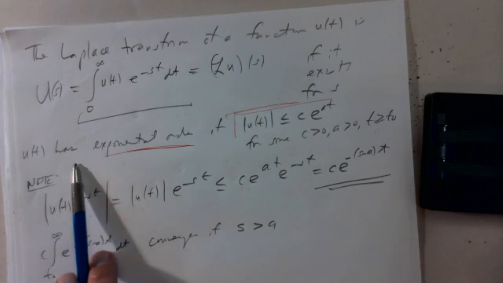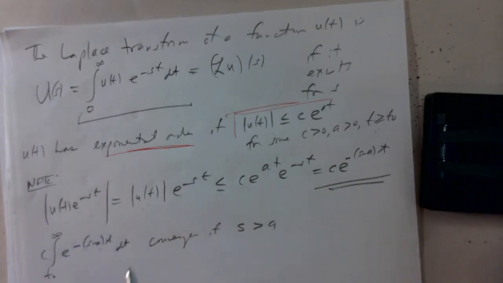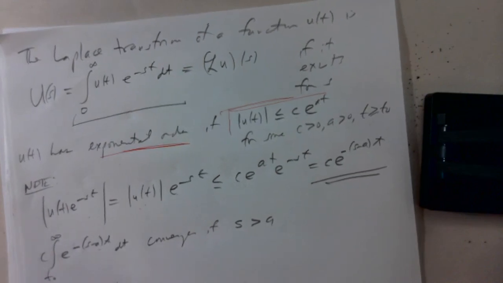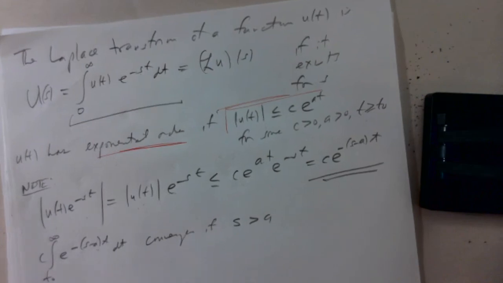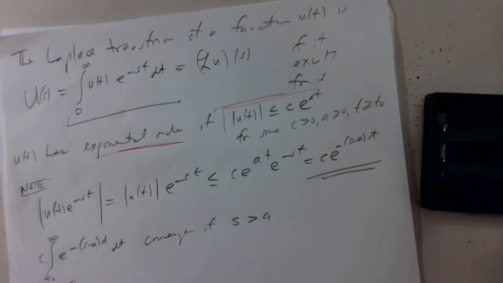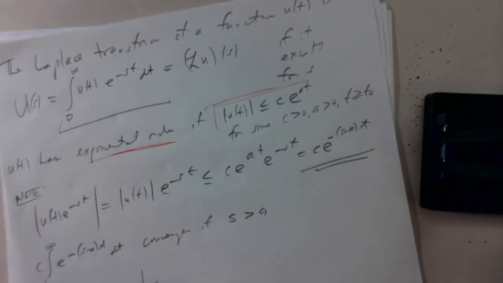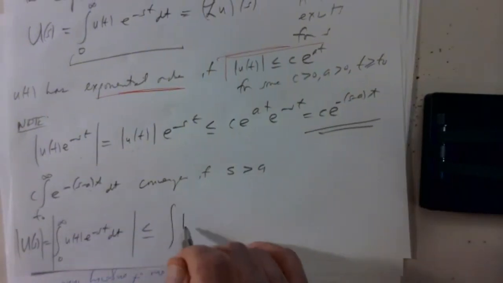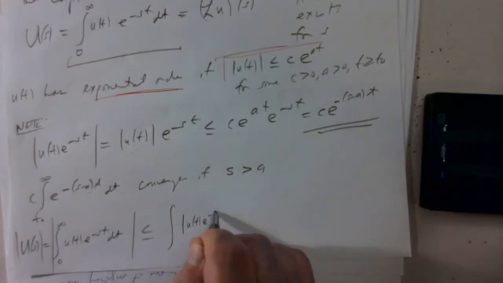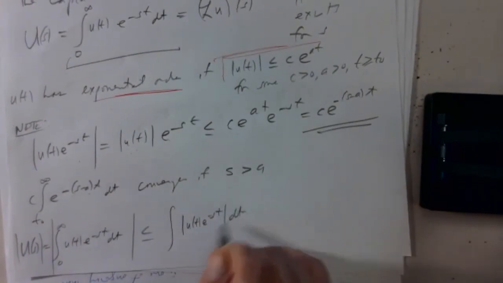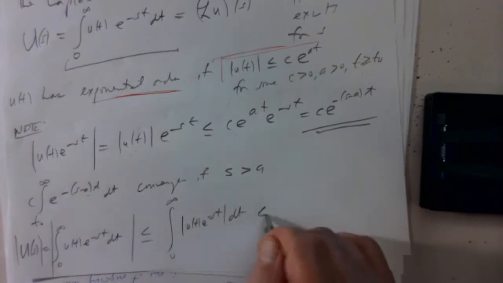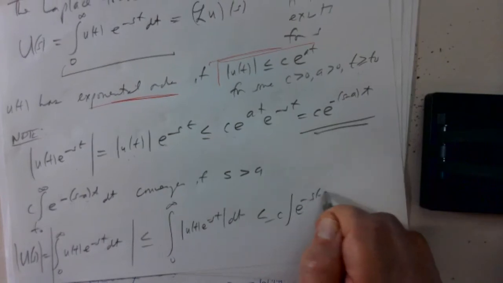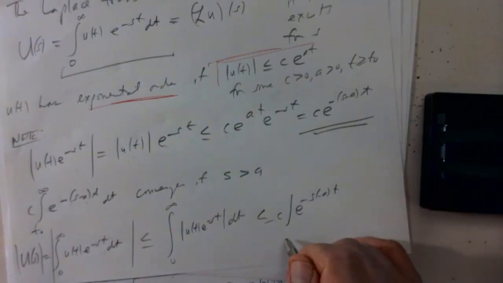So if u of t has exponential order, then the integral of u of t e to the minus st dt, that's the Laplace transform, is less than or equal to the integral of the absolute value of the function. This we just saw is bounded by c e to the minus s minus a t, at least from some number on.